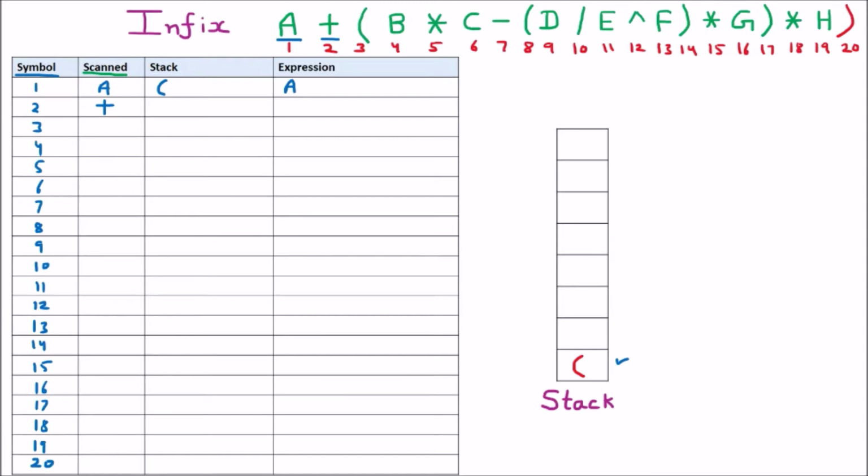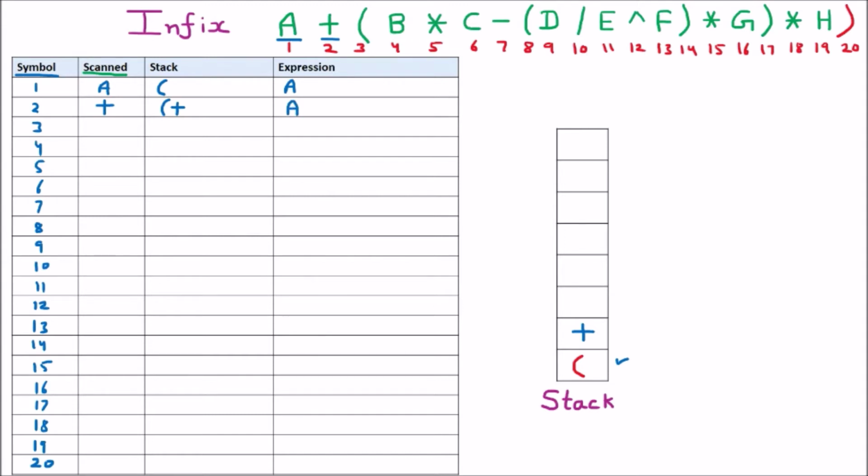No. That means no operator is present in the stack, so we will directly put the operator here. The operator is pushed onto the stack. Case number 1 worked. Case number 2 we will discuss whenever it is required. So the starting bracket and plus are now part of the stack, and the expression is the same, A.